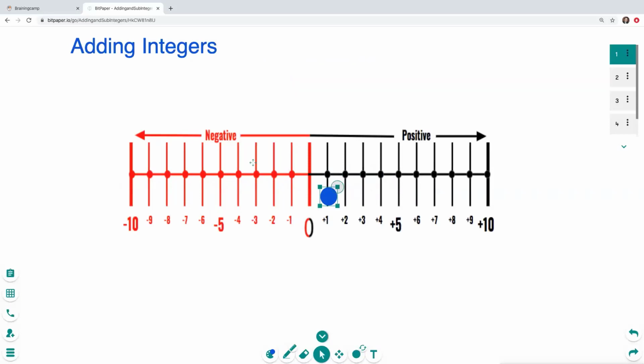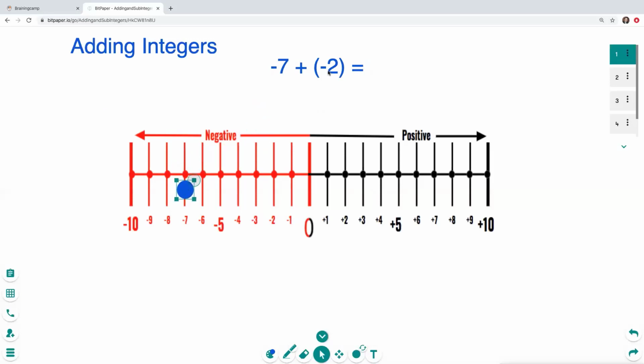Okay, so that was our first problem that we had. And now I'm going to go ahead and demonstrate the second problem, which was -7 plus -2. Okay. So I'm going to grab this circle, and I'm going to start at -7, which is right here.